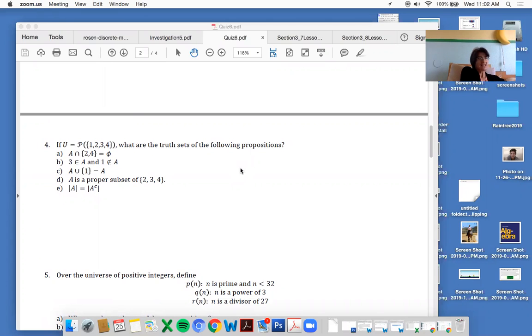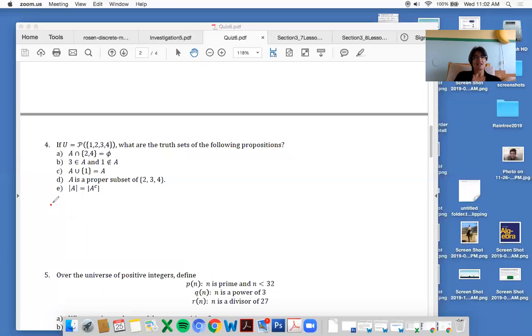What 4E is asking you is to list all the subsets in the power set where the cardinality of the subset A is the same as the cardinality of the complement.